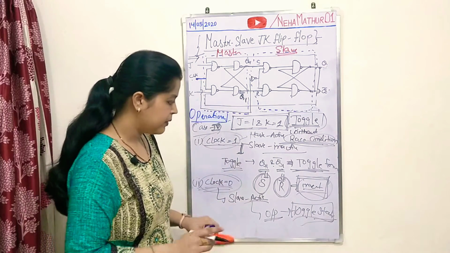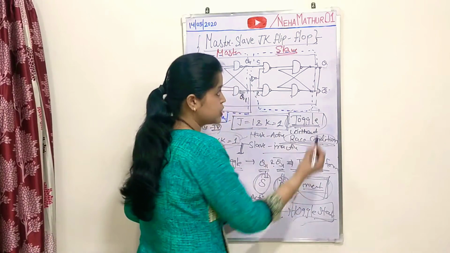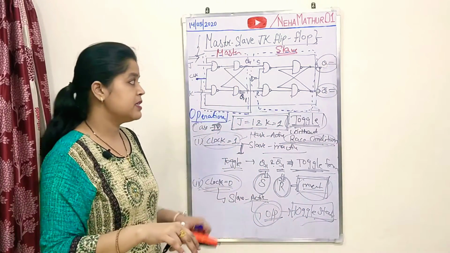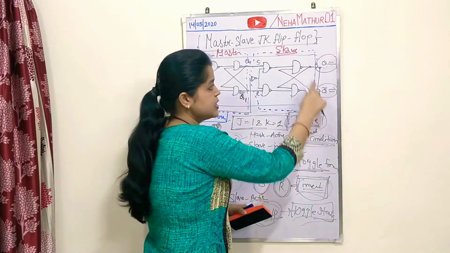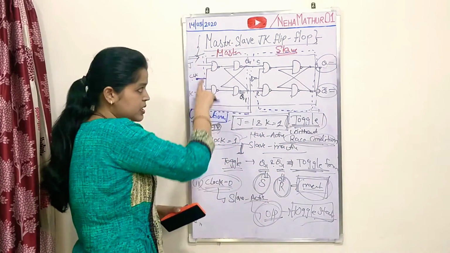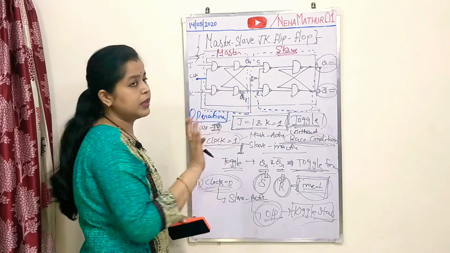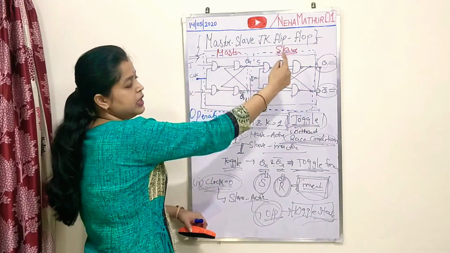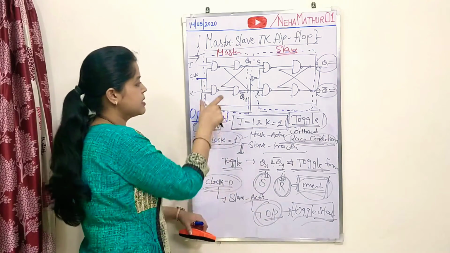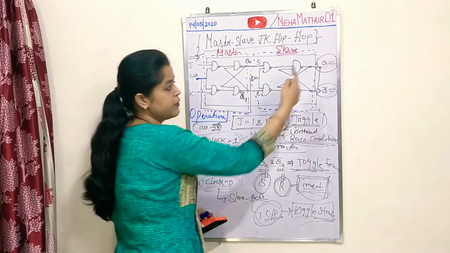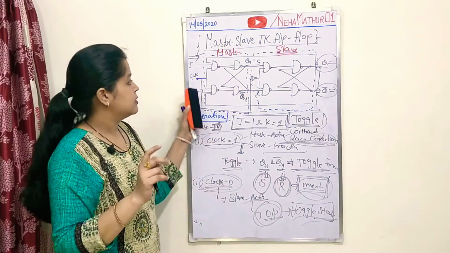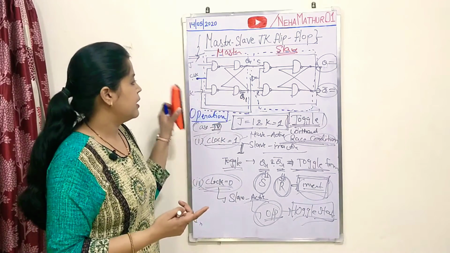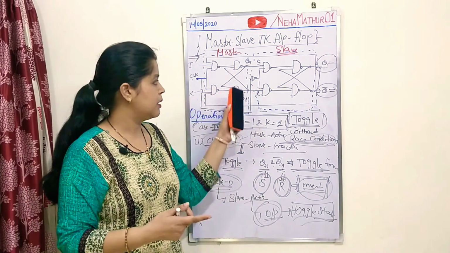That means if your Q and Q bar change, since these are not fixed, they may change, and when these changed outputs are fed back to the main inputs, your master circuit is not able to work because your clock is set at 0. That means it will not work for the changing value of the output. That means your master is not able to respond to the changing value of the output. That means it will not repeat toggle condition and is not able to perform multiple toggling between a number of states.